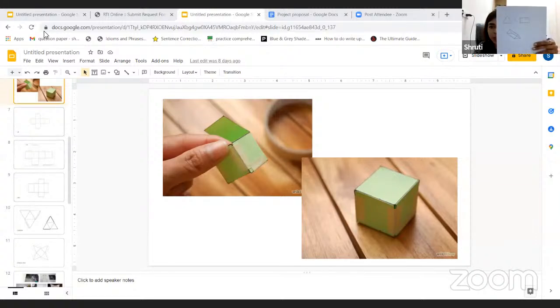This is number 1 shape that you're looking at. Let me just stop sharing so that you can see it even bigger.